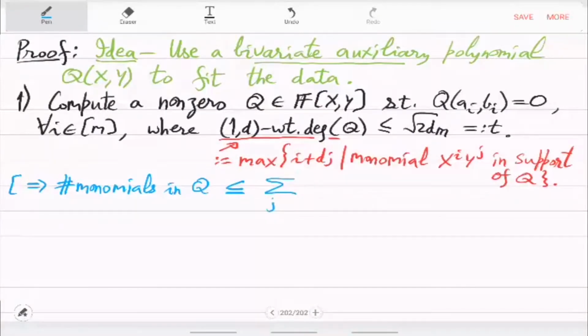So j goes up to t by d and starts from 0, and for a fixed j, how many i's? So the i's will be t minus dj many.